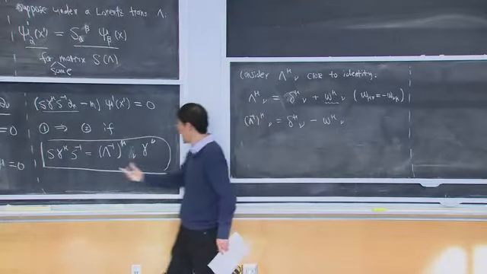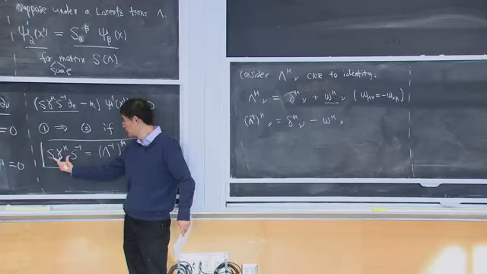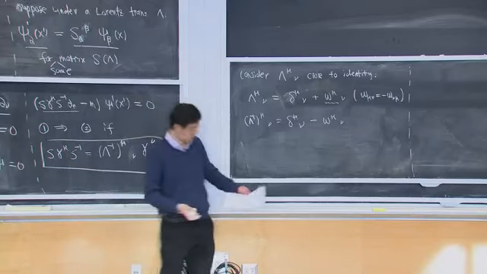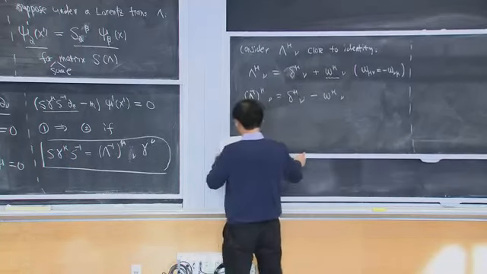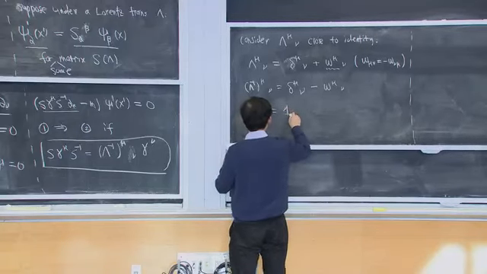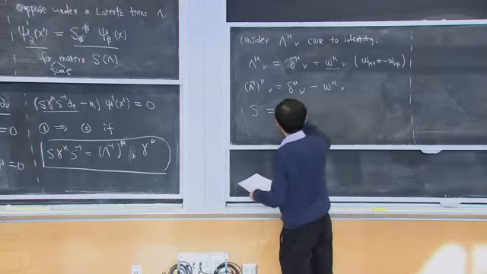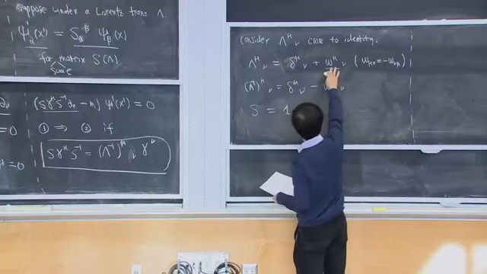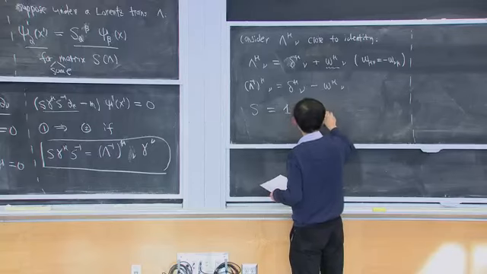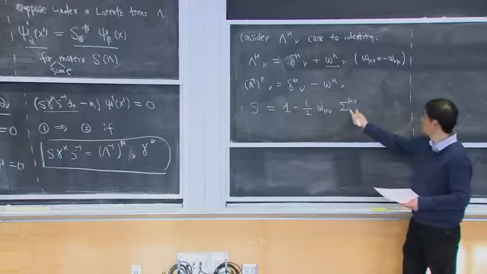That means S must also have, when lambda is close to identity, the structure of identity plus something linear in omega. Let me just not write the index, just directly write the identity, and then it should be something proportional to omega mu nu. From convention we write this way. It should be linear in omega mu nu and sigma mu nu, so sigma mu nu are a bunch of matrices.